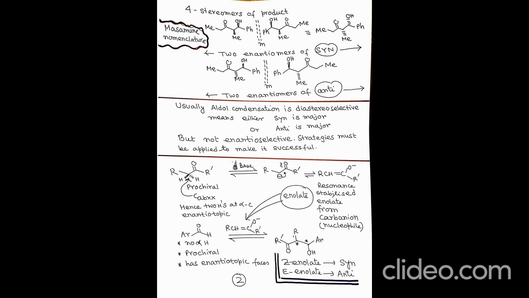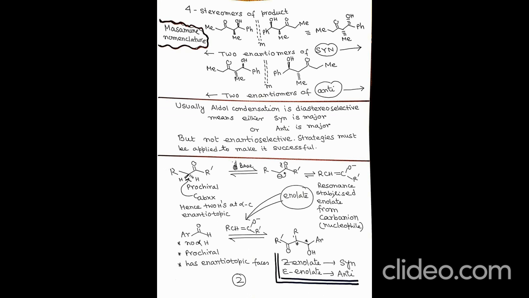Now, in case of the aldol, there are various ways to express these 4 stereoisomers, means by using RS nomenclature or by using the erythro-threo concept, we can describe the 4 stereoisomers of this aldol product, where we have the two side by side chiral carbon centers. But in this case, these aldol products having two chiral centers on side by side carbons are expressed in terms of the Masamune nomenclature, where we take the help of the Syn and the Anti diastereomers.